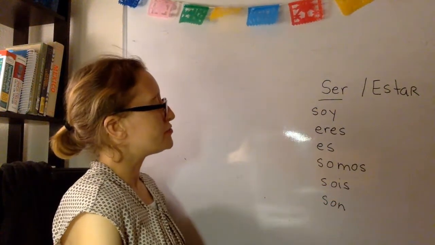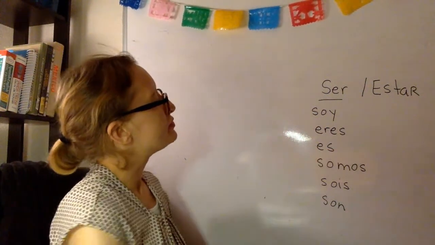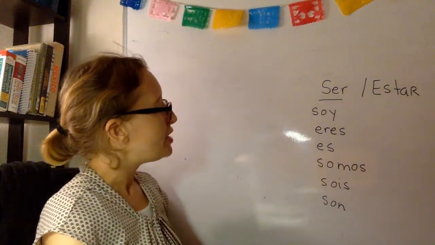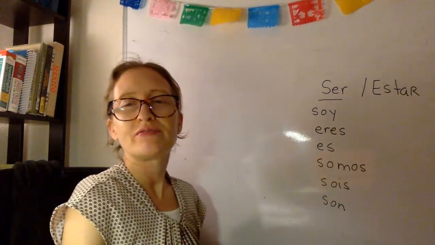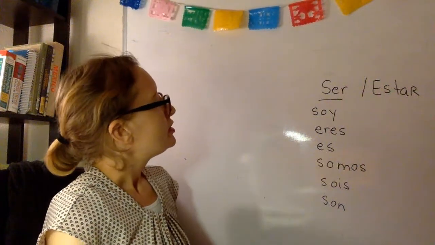Those are our conjugations for ser. Notice that they sort of resemble the regular forms, like we have the S here and the MOS here, but for the most part, this verb is just completely irregular, so you'll need to remember this.